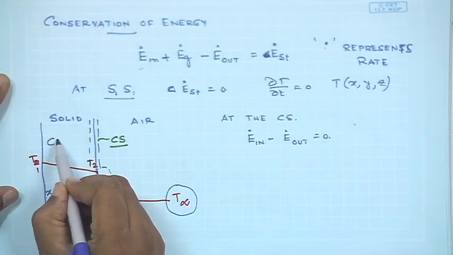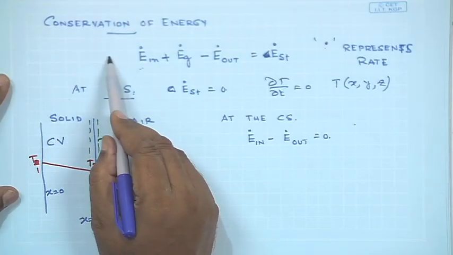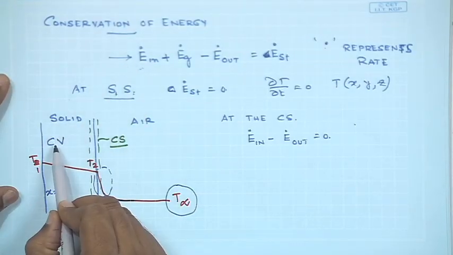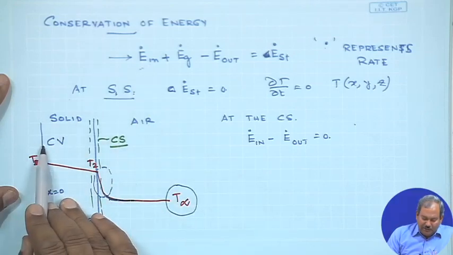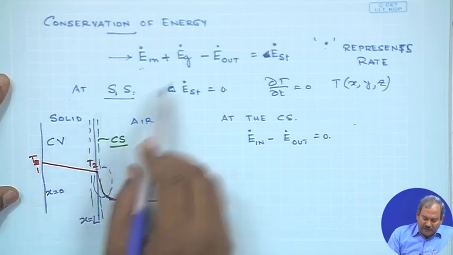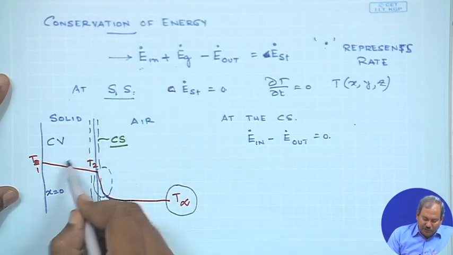But coming back to the problem that we were discussing, if this is my control volume, this expression applies to the control volume. So, E dot in, the amount of energy which comes from the left of the figure, plus E dot G. If this is a nuclear fuel element, then some amount of heat would be generated.